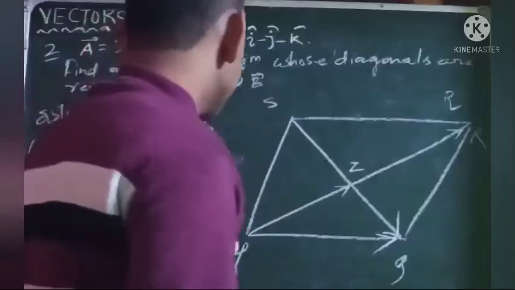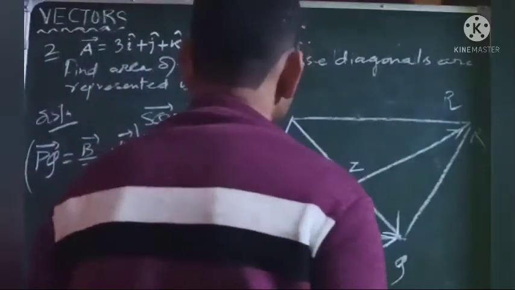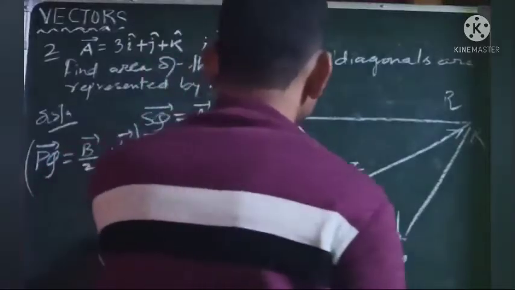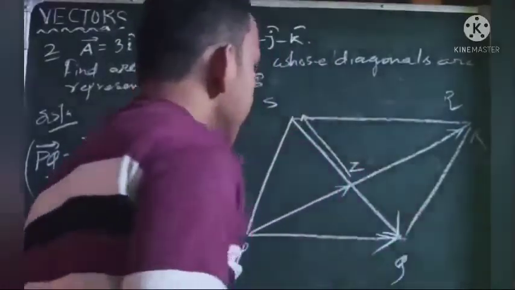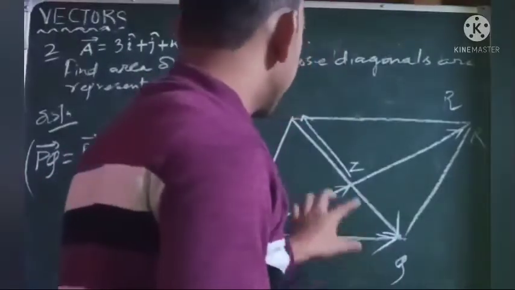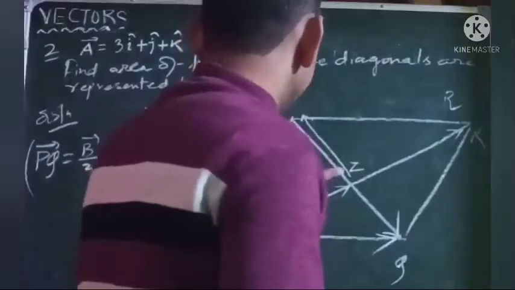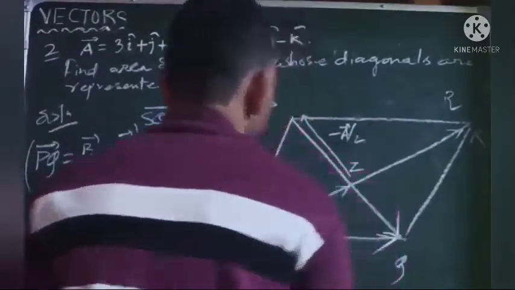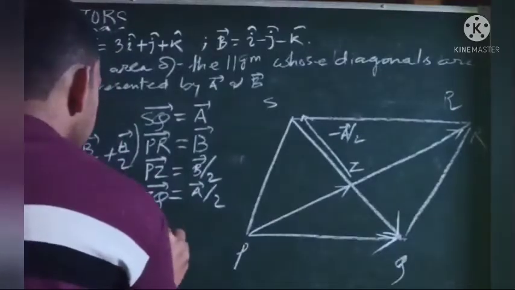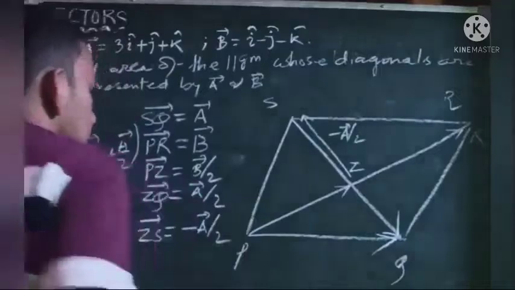And the next required is PS vector. For finding PS vector, we require this ZS vector. This ZS vector will be opposite to SQ vector, that means it is opposite to a vector. Therefore, it is going to be minus a vector and it is half. So ZS vector is minus a vector upon 2.